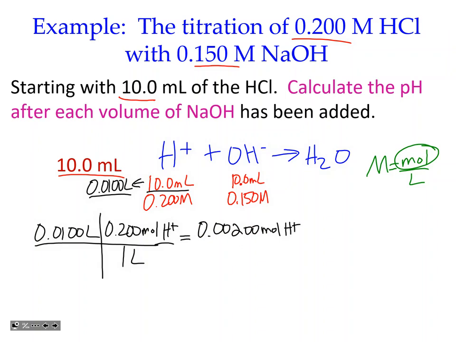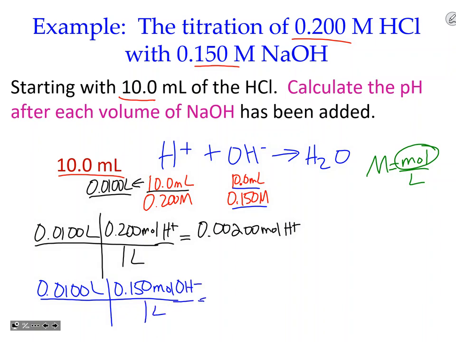I'm going to do the same here for my hydroxide. 0.0100 liters, 0.150 moles of the hydroxide for 1 liter. That means I get 0.00150 moles hydroxide.